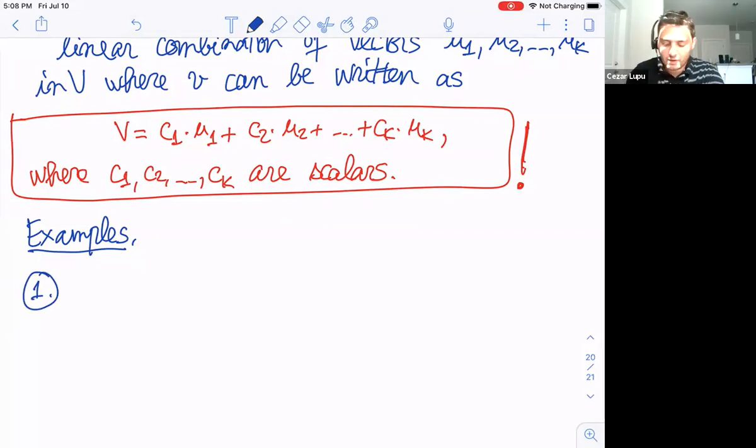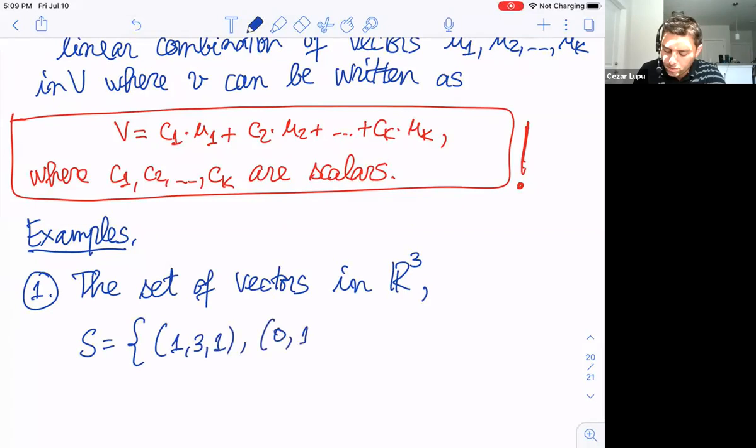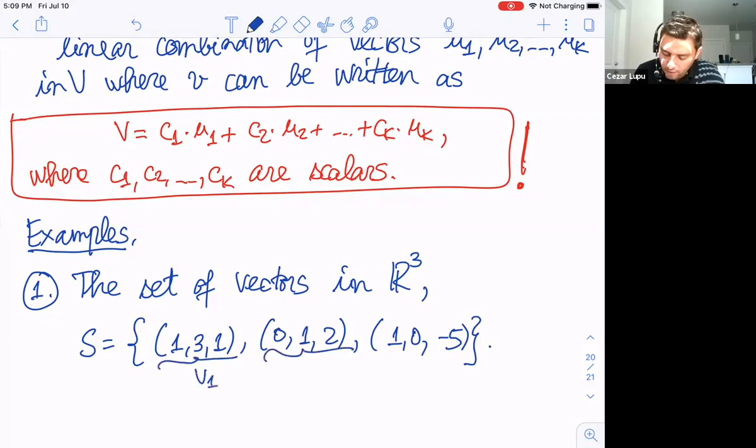Let me give you a set of vectors in R3. Let's say the first vector is 1, 3, 1, the second is 0, 1, 2, and the third one is 1, 0, -5. Let's denote the first one by V1, the second V2, and the third V3.